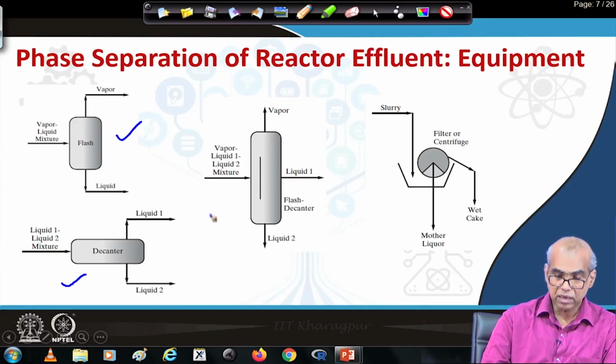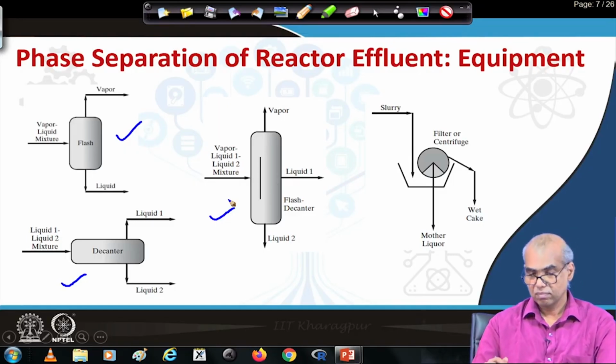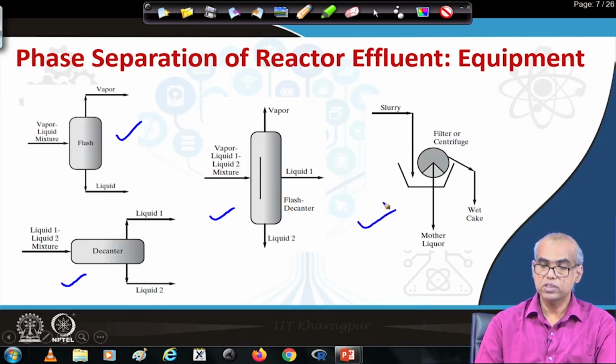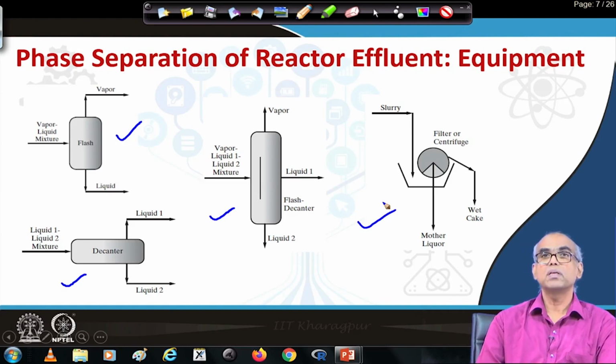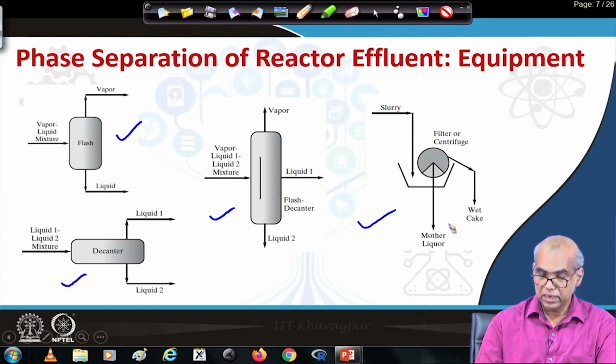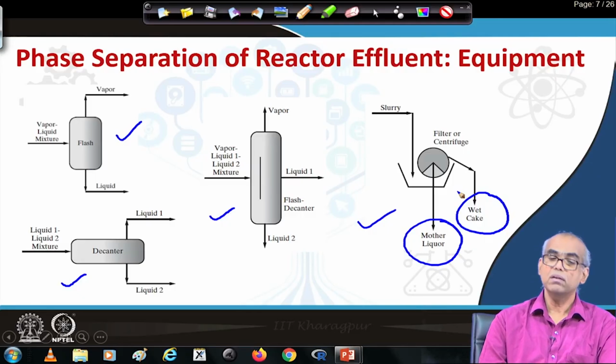A flash decanter can be used to separate a mixture which contains 2 liquids and 1 vapor. Filter or centrifuge can be used to separate a slurry containing solids, which may be split into mother liquor and wet cake. Wet cake can be further processed to obtain dry solid.